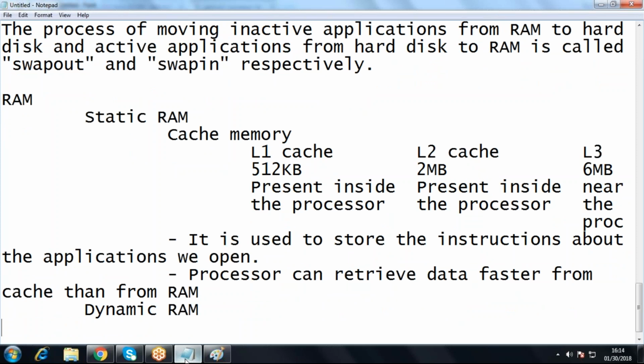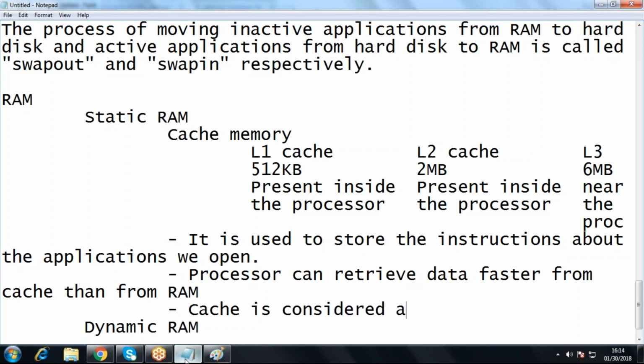Coming to dynamic RAM, cache can be considered as a buffer with a small brain.